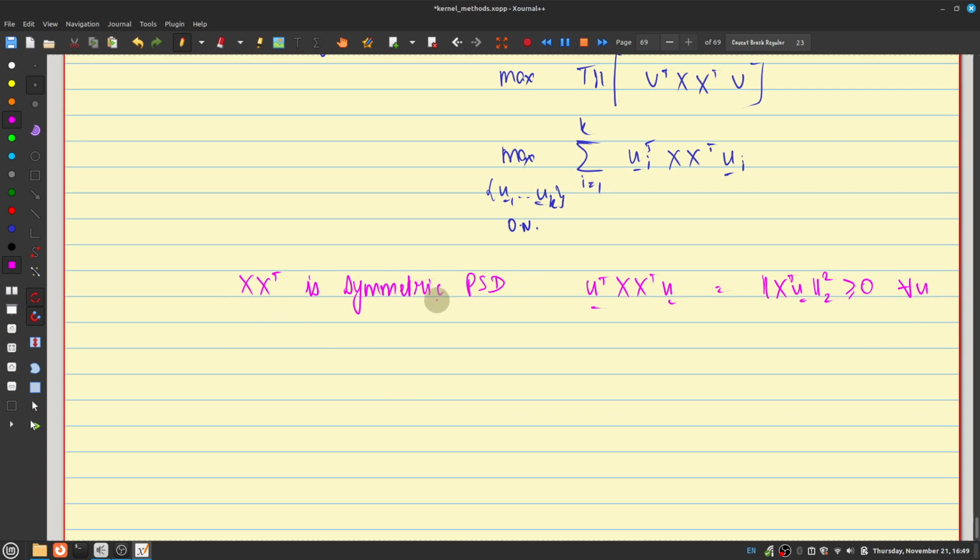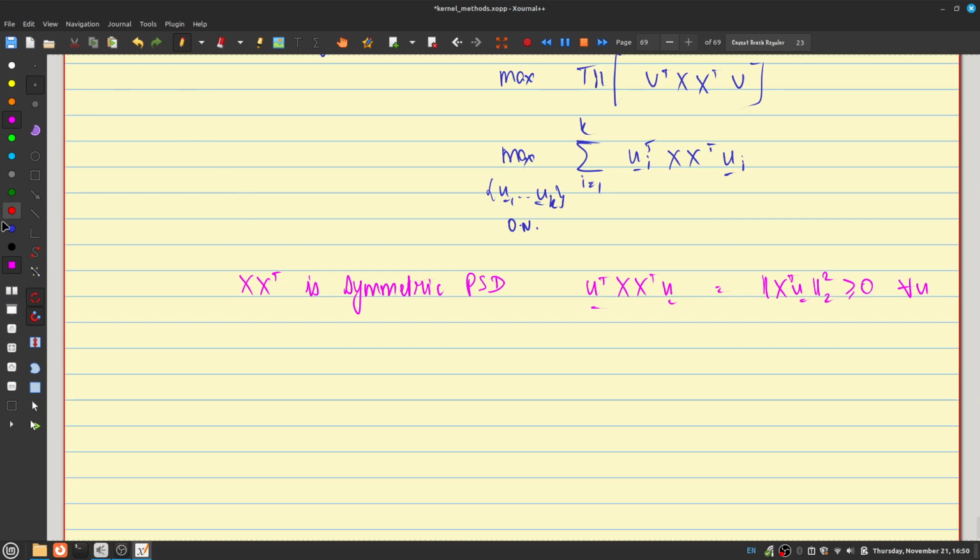So XX transpose is a symmetric positive semi-definite matrix. What results do you know about symmetric PSD matrices that can be used? Okay, the eigenvectors are orthogonal, correct? Is there a canonical decomposition of symmetric PSD matrices?